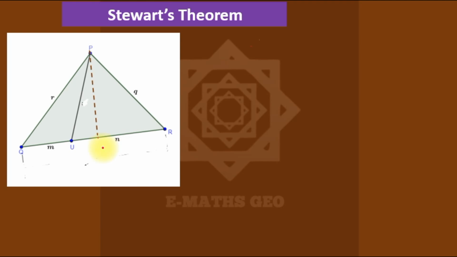Let's call this point X, and this is the height H. This is no more N, because from here to here is N. So from here it is now N minus X, from here to here being X, while the total length is still N.